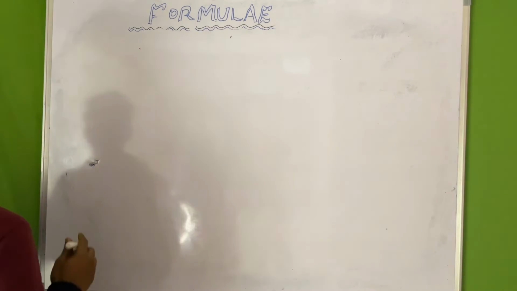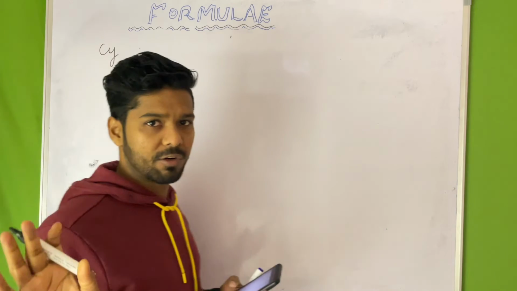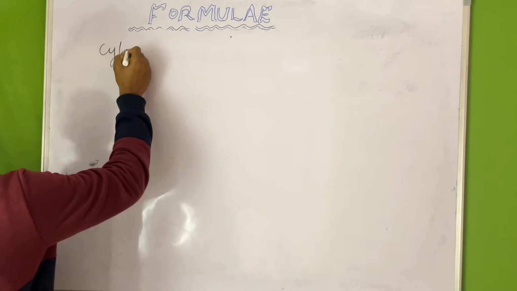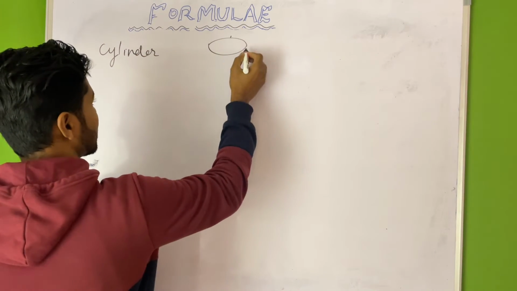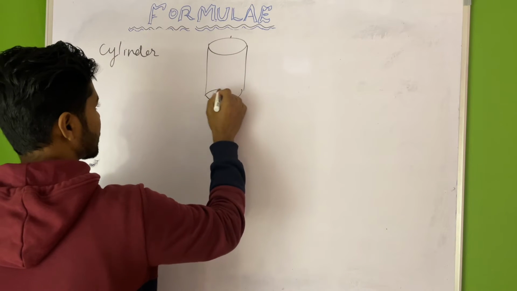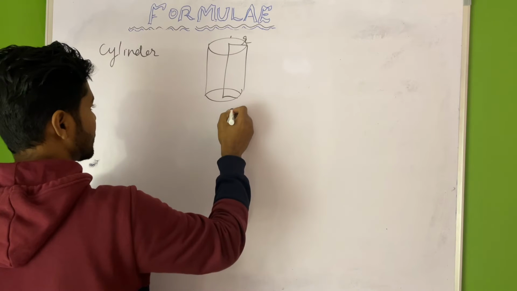Now again we have a solid figure, this cylinder. Numbering you can do according to yourself. So this is our cylinder. This is radius. This is height.